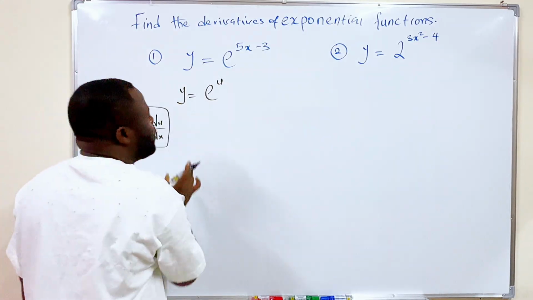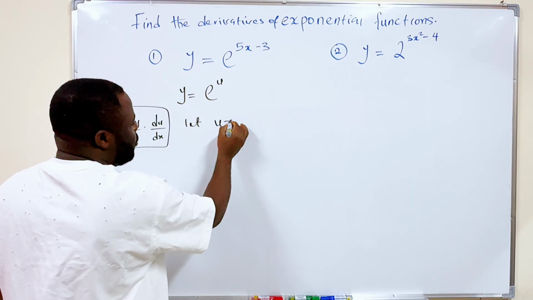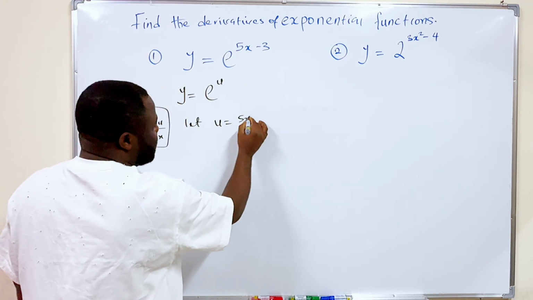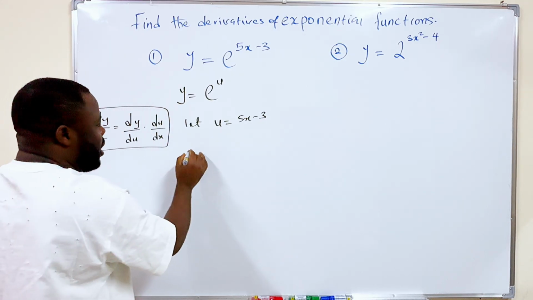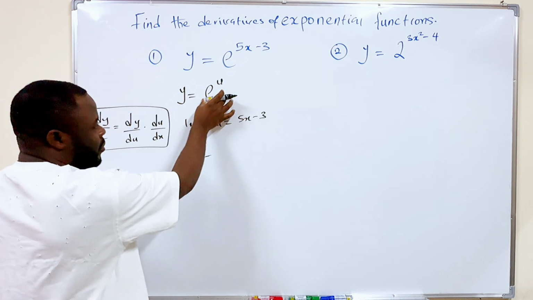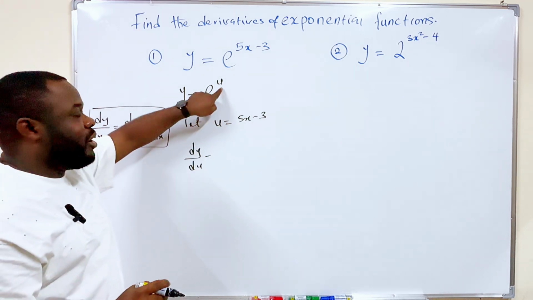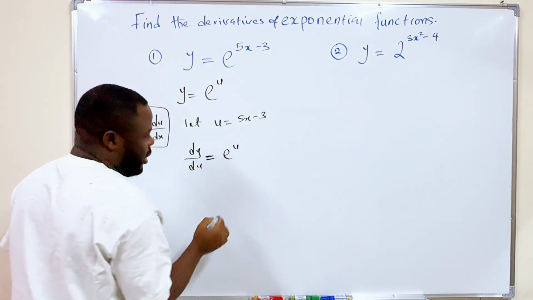So what we are now going to do here is we say let u be equal to 5x minus 3. All right. So we can now say the dy/du will be this. Okay. So we are going to find the derivative of this function. It's still going to give us e power u.